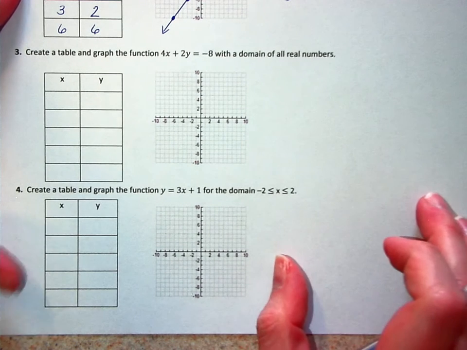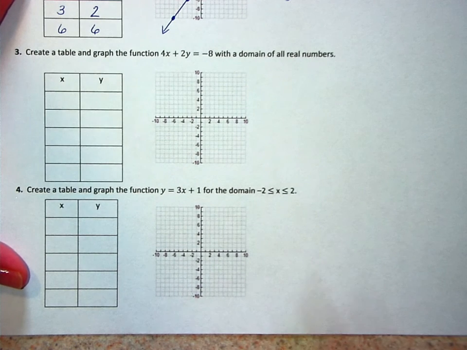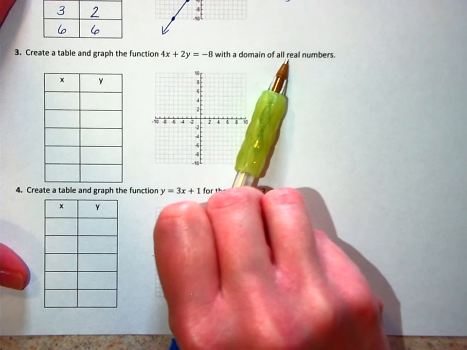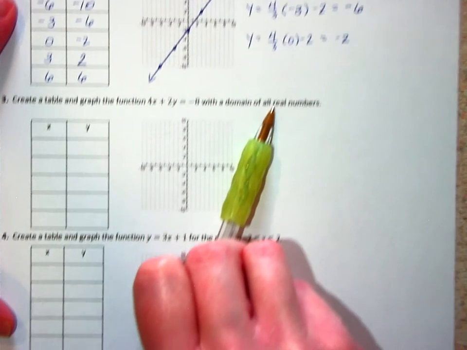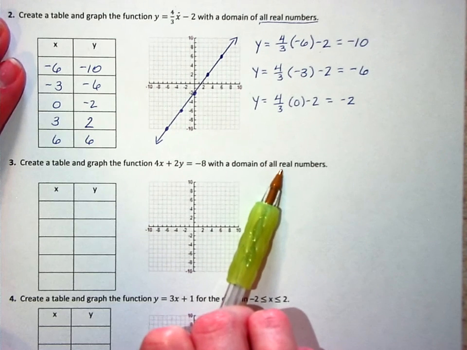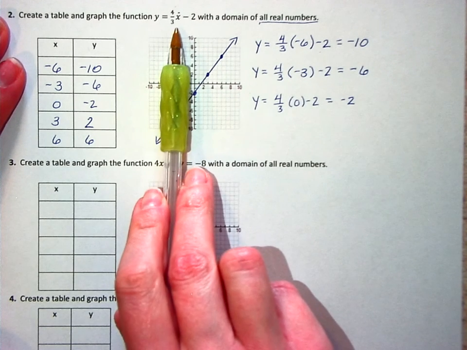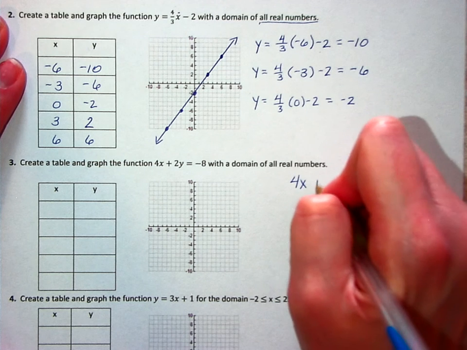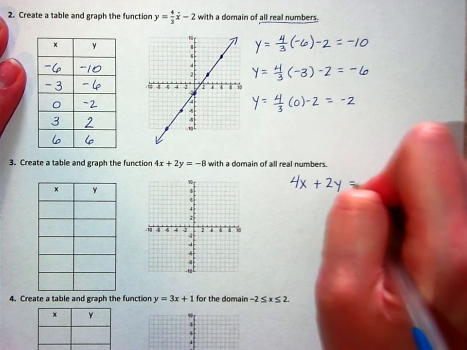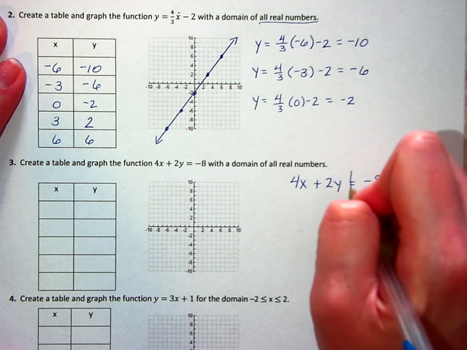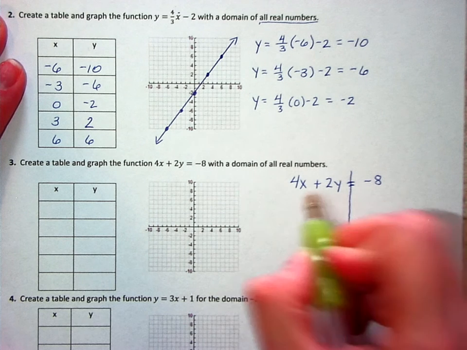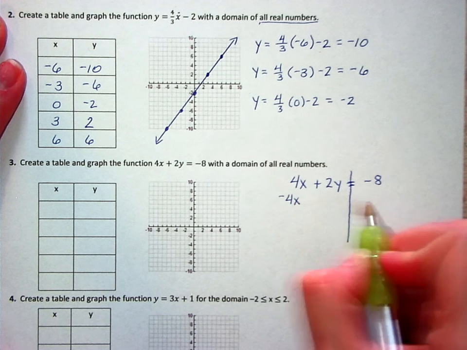Number 3, create a table and graph 4x plus 2y equals -8, again with a domain of all real numbers. We want that equation to look like the equation in number 2 with just the y. So first we need to solve for y, isolate that y. To do that, we need to move the 4x to the other side of the equal sign, so inverse operation.